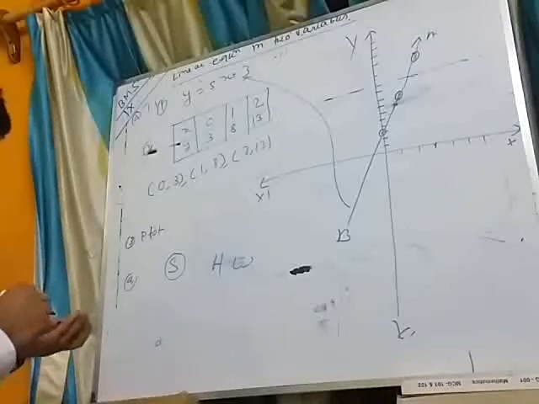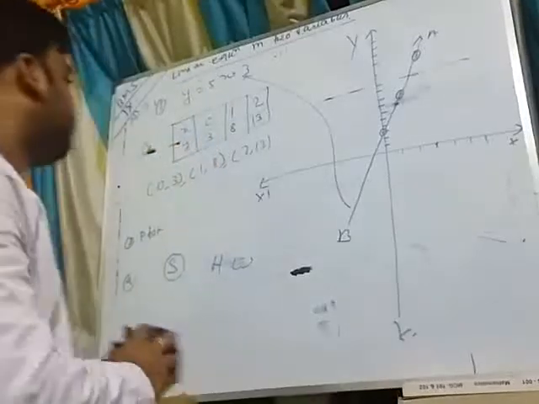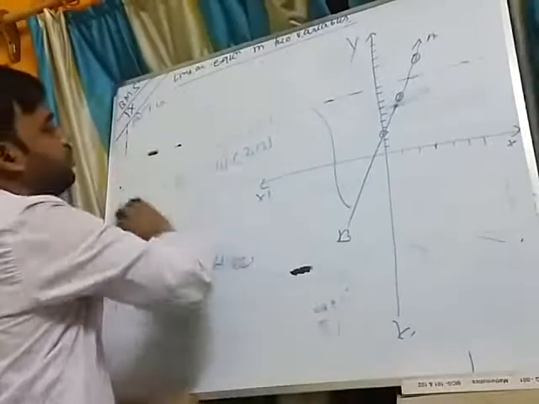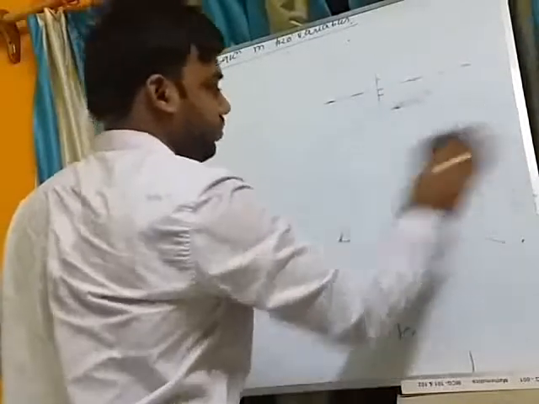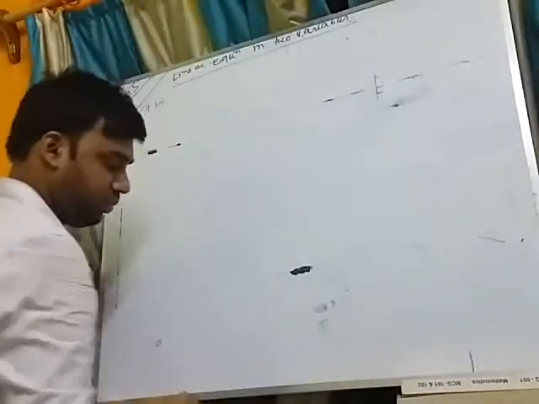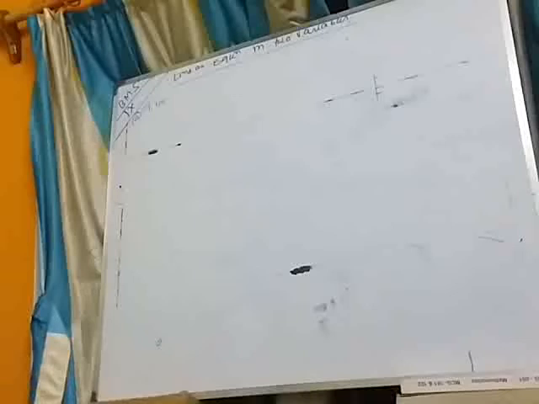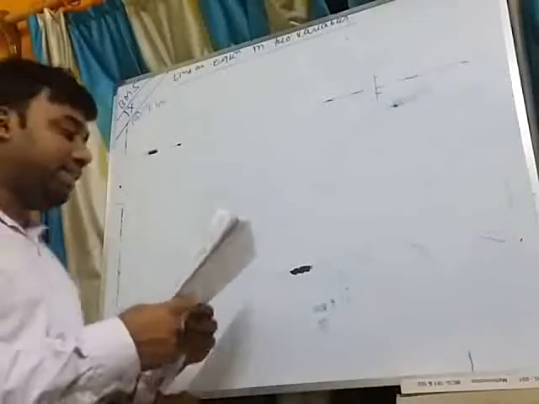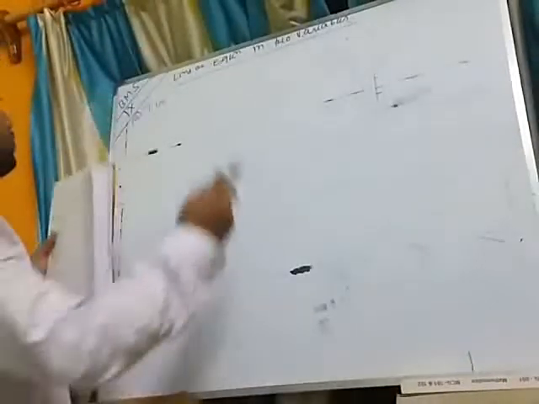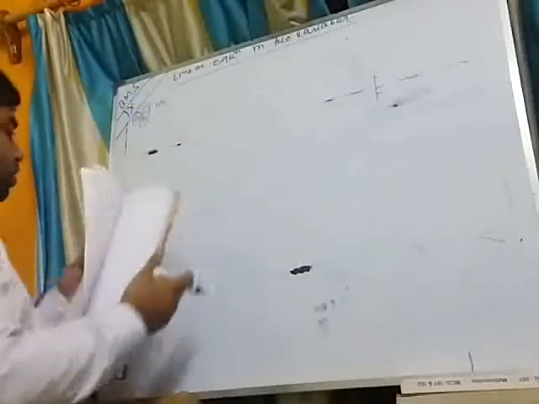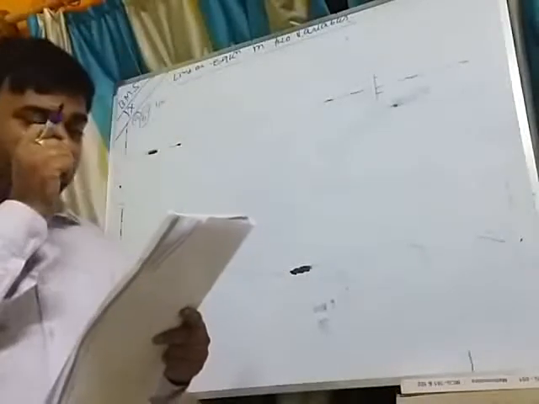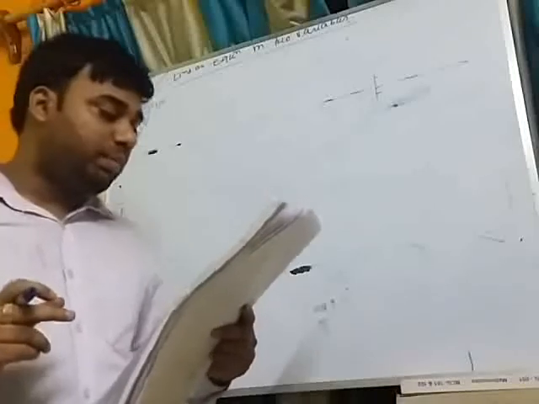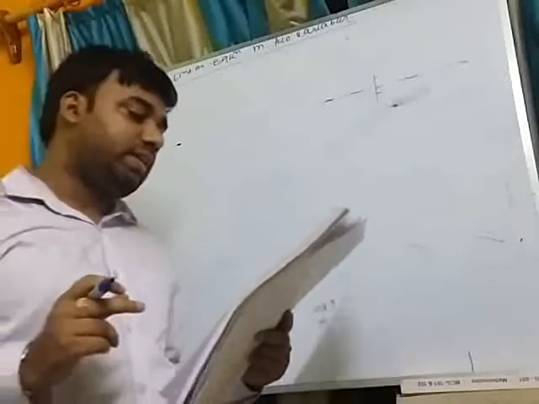Now move on to question number 6. The question number 6 is given that the work done by a body on application of a constant force is directly proportional to the distance traveled by the body.